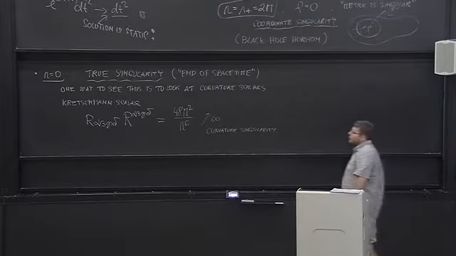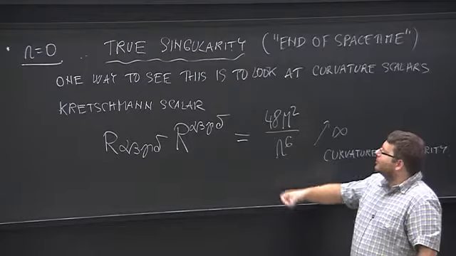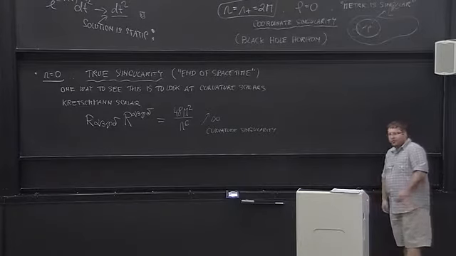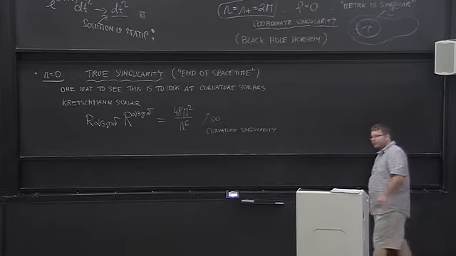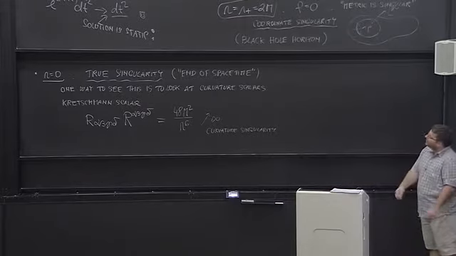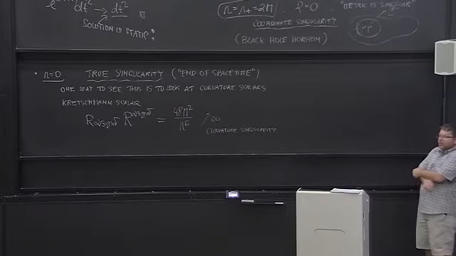That's why you have to consider scalars, so that everybody agrees on the same prediction. One of the scalars is this one, and it tells you that there is a curvature singularity at r equals 0.